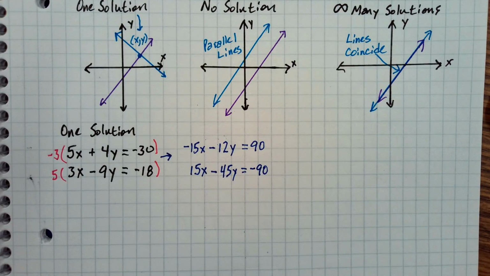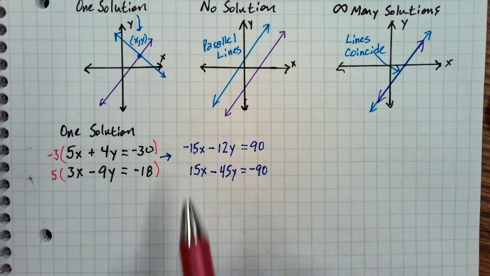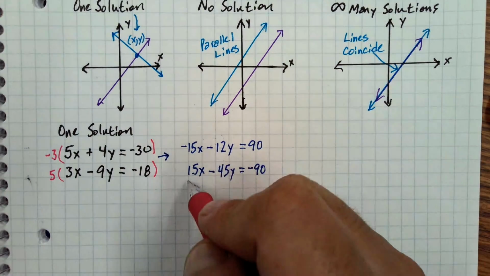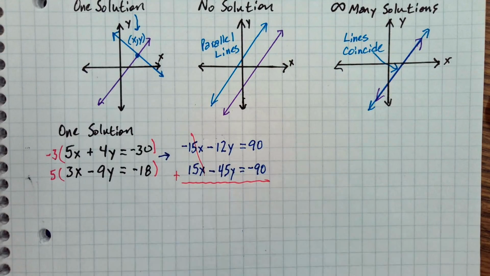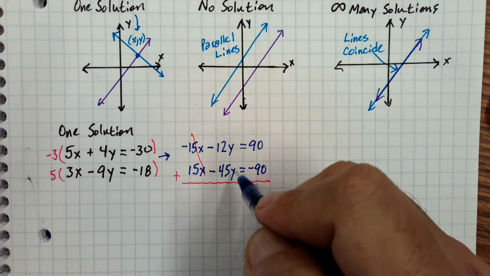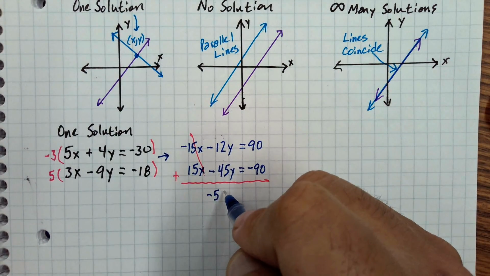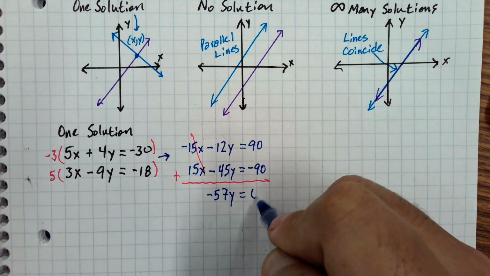Well, what's going to happen? Is anything going to cancel at this point? If I add these two, these would cancel, right? And then this would be negative 57y equals 0.